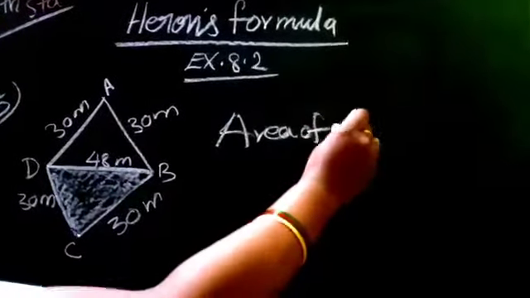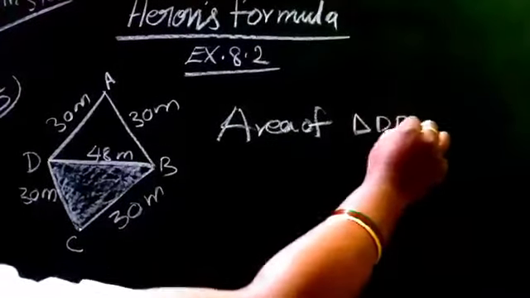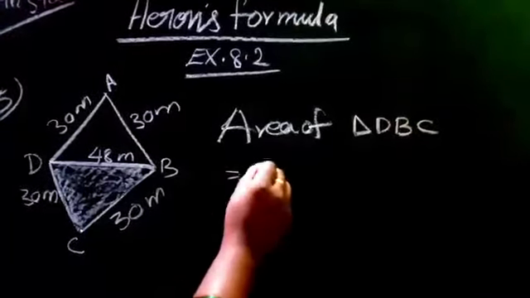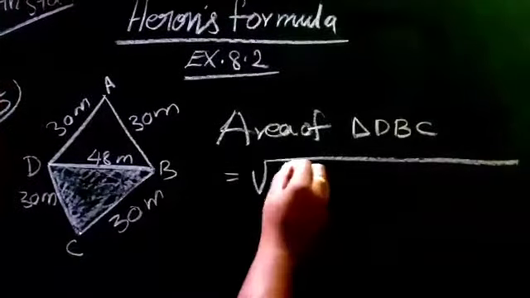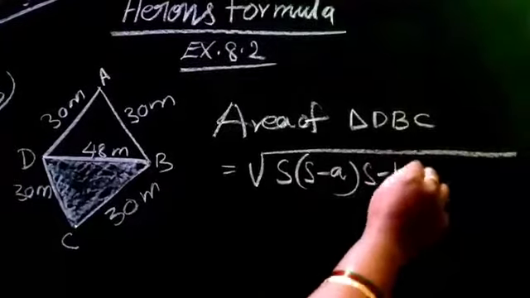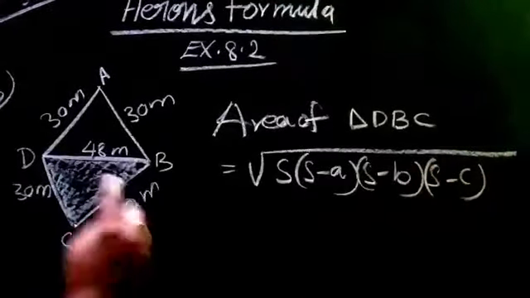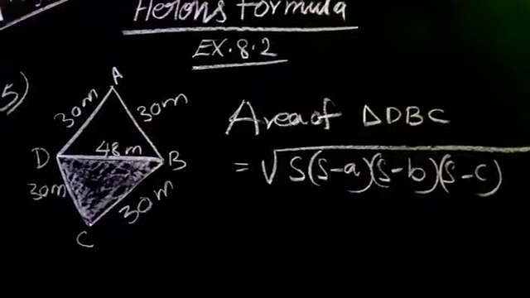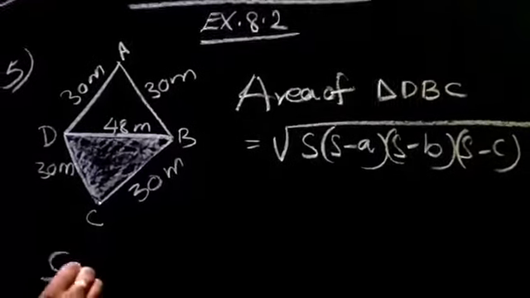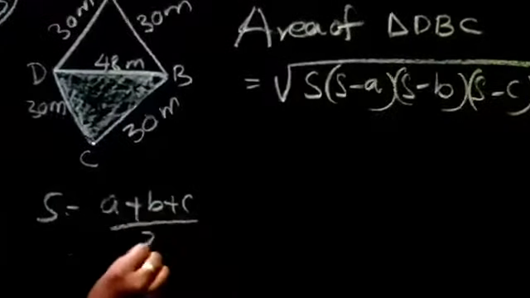Area of triangle DBC. The formula is square root of S into S minus A, S minus B, S minus C. But what is the S value? S is the semi-perimeter, so A plus B plus C divided by 2.